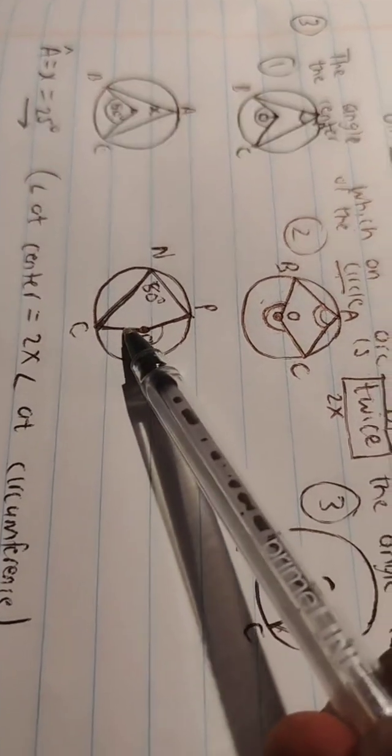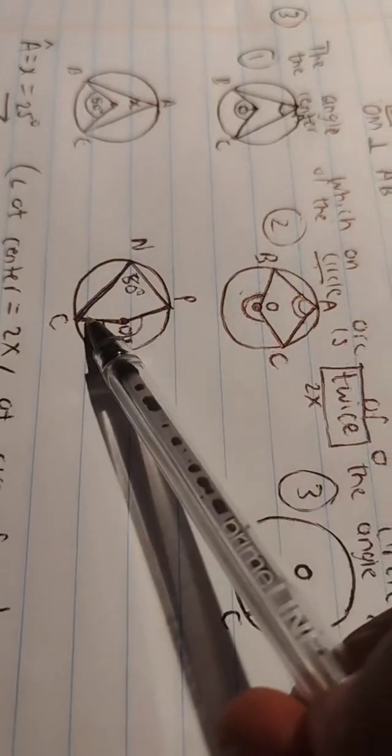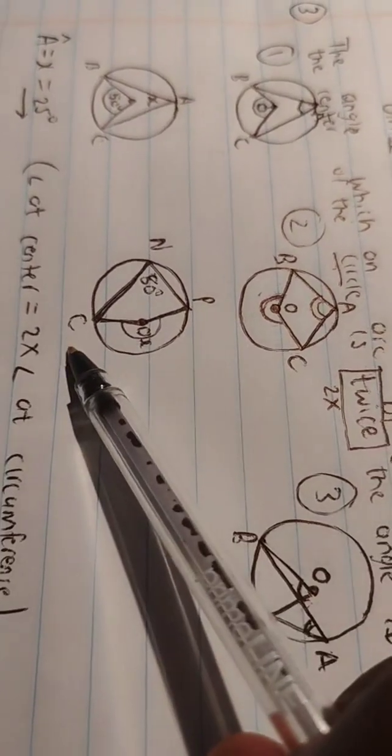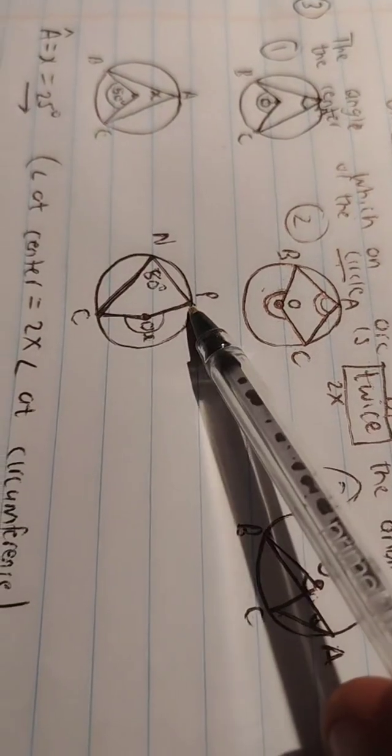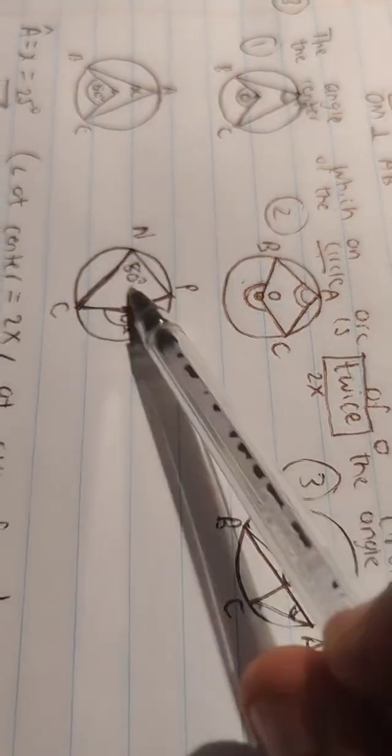Angle at the center is going to be twice the angle at the circumference. Arc PC subtends this angle at the center, but it also subtends that angle at the circumference.